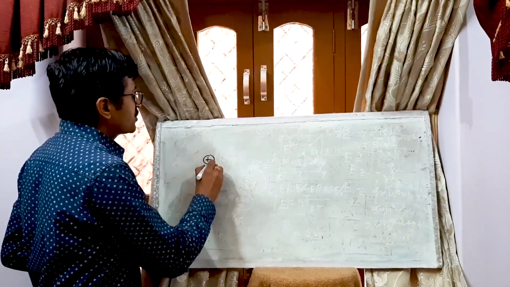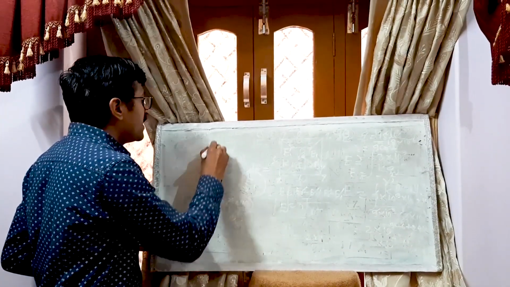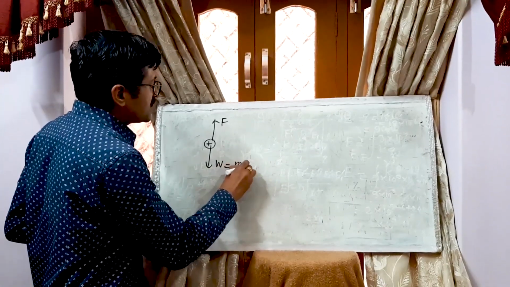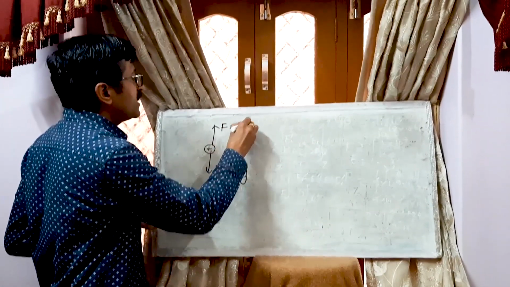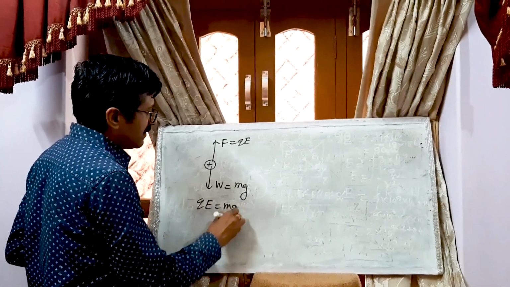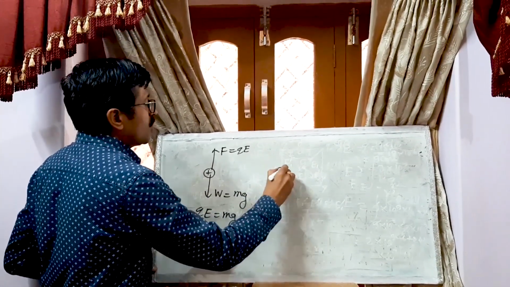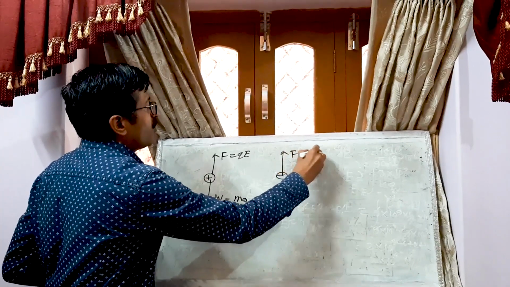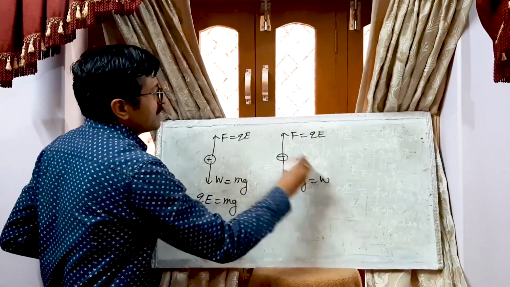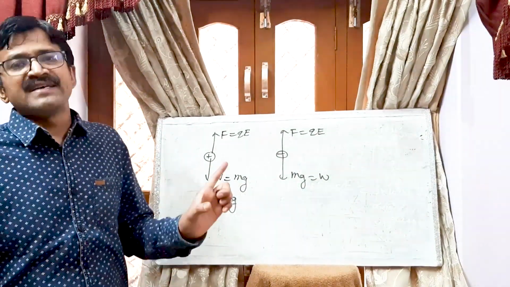For free suspension, the weight should be equal to the force. Weight will be mg, force will be QE, then the concept will be QE is equal to mg. Either negative or positive charge, if force is equal to weight, then it will remain in equilibrium, otherwise not.